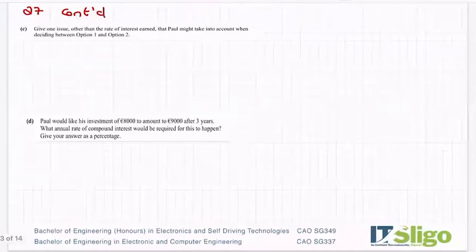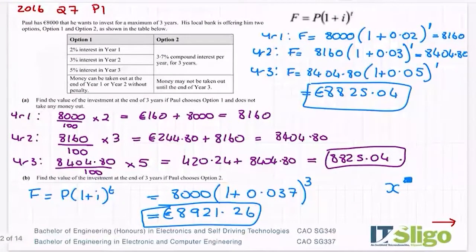Okay, part C, give one issue other than the rate of interest earned that Paul might take into account when deciding between option 1 and 2. Okay, other than the rate of interest, which implies that it's not this box or not this box, it must be this. So the other issue, money can be taken out at the end of year 1, year 2 without penalty.